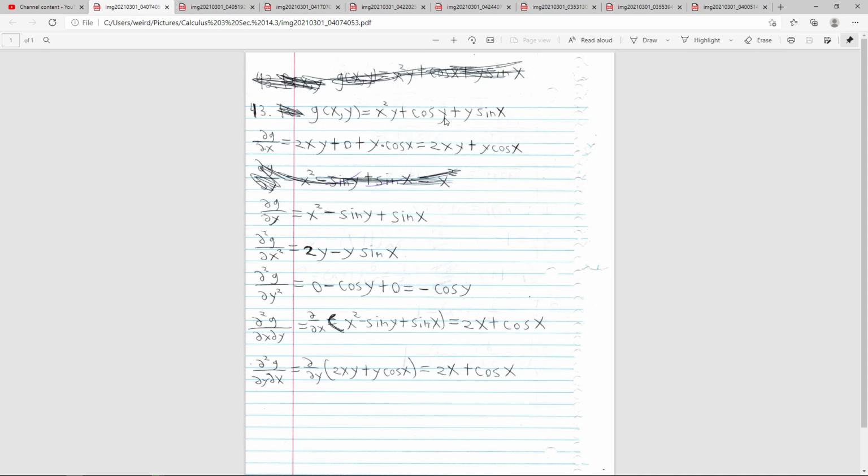And y times sine x, with respect to x, it'll be y times cosine x because y is constant, so it's just sine x derivative.